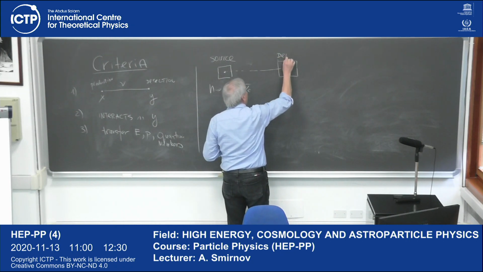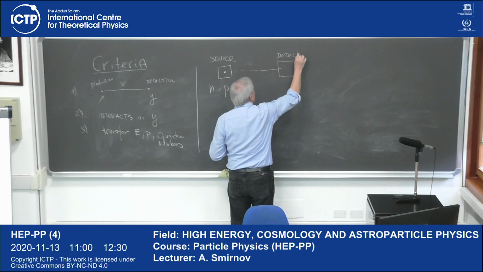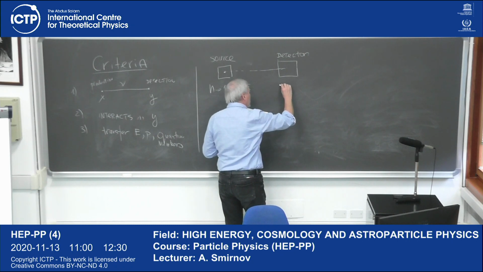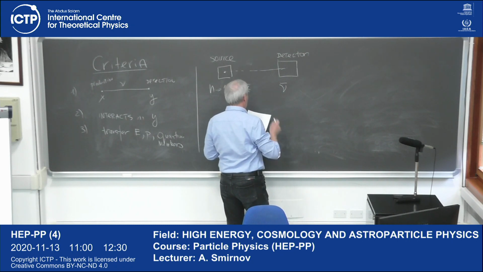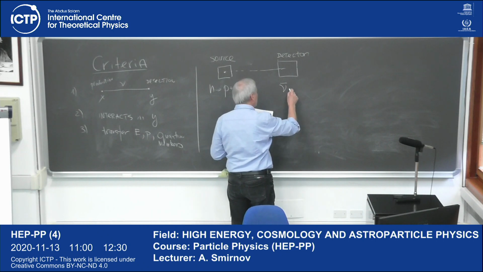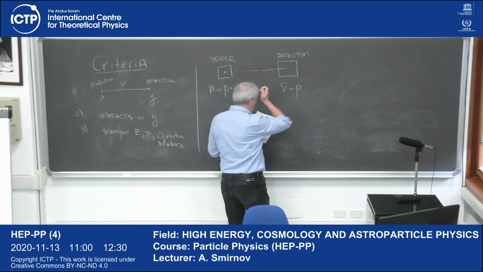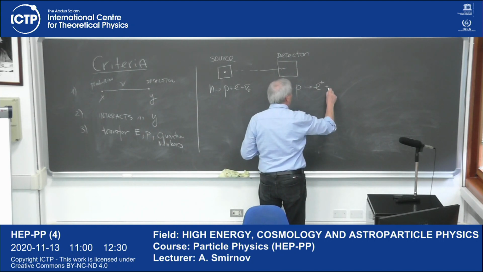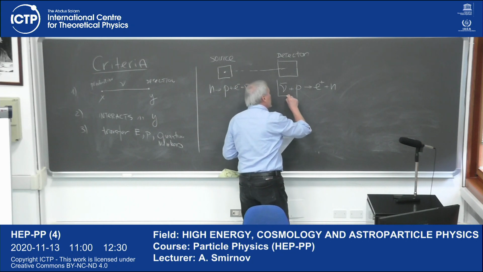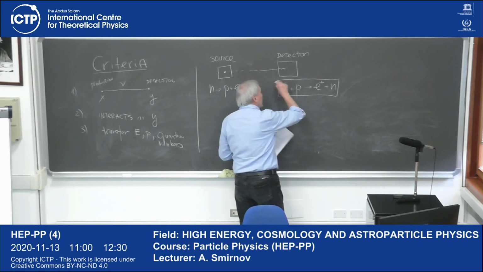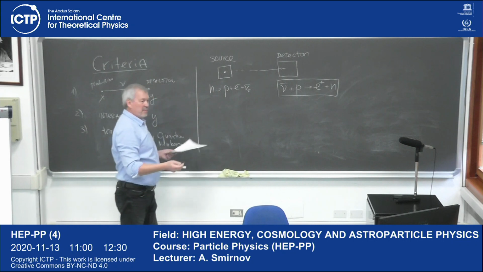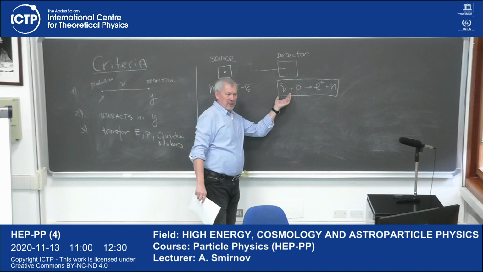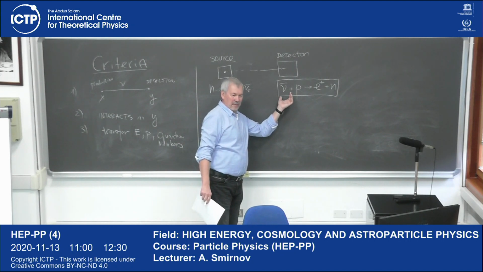So this is the detector. We try to find the interactions of these antineutrinos produced in beta decay with protons, with emission of a positron and a neutron. Actually, these days this is one of the main reactions for detection of neutrinos.